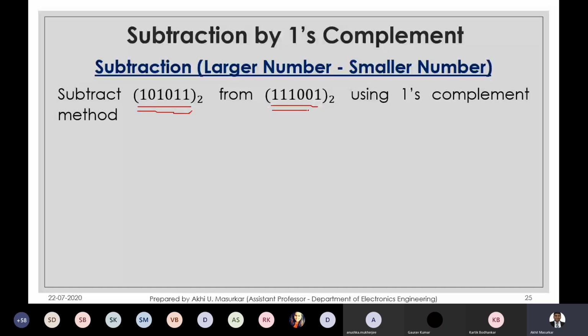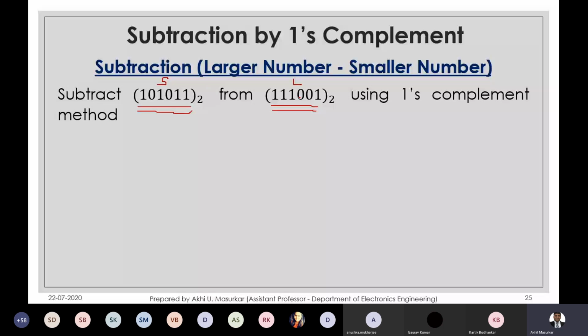That means this should be the larger number and this should be the smaller number. So from the question also, you should be able to identify first which is the bigger number and which is the smaller number.